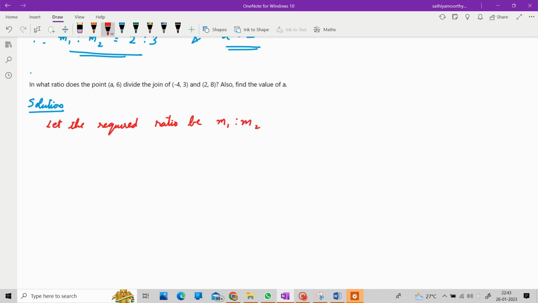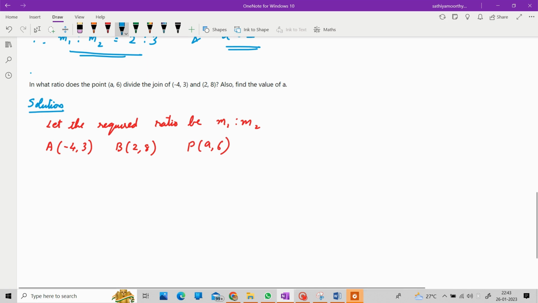Now what all is given? Let me write. A they have given minus 4 comma 3. B they have given it is 2 comma 8, and P value they have given a comma 6. So let me write this is my x1 comma y1, x2 comma y2, this is x comma y. So in this problem I know the value of y is equal to 6, so I am going to proceed with y.